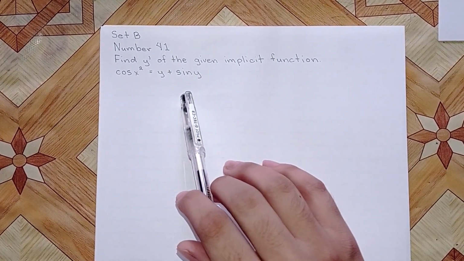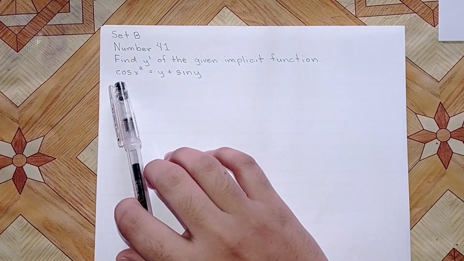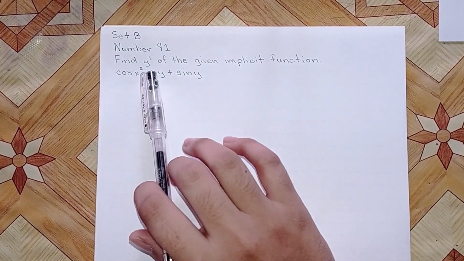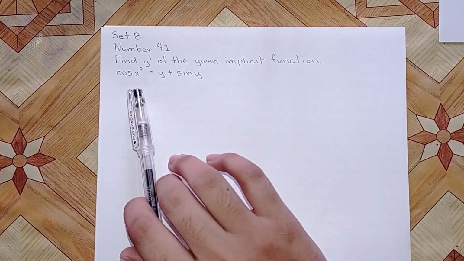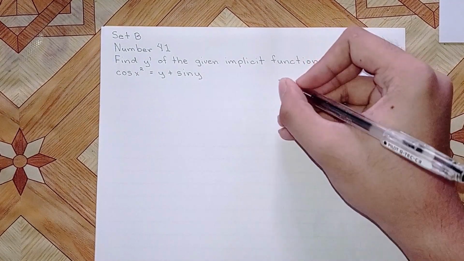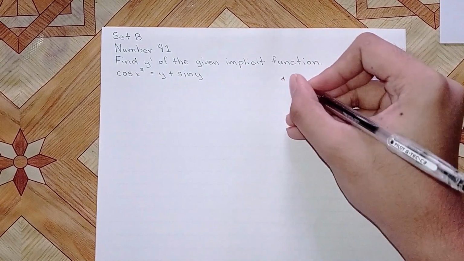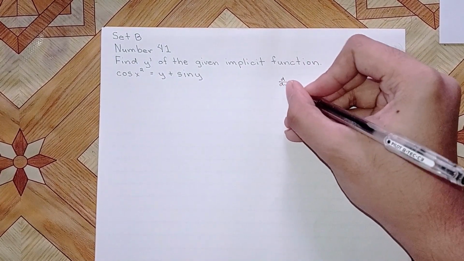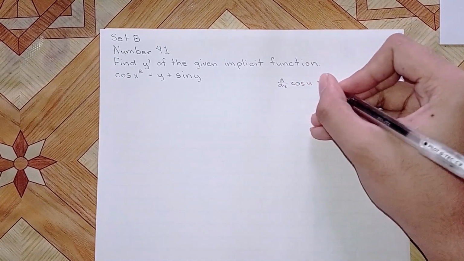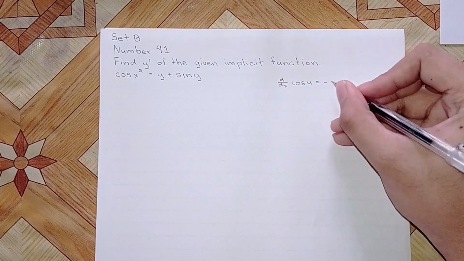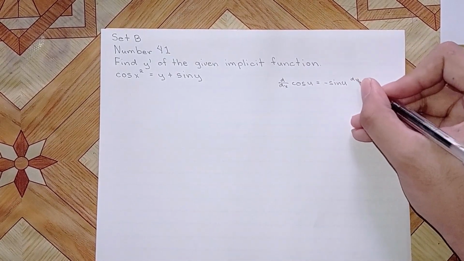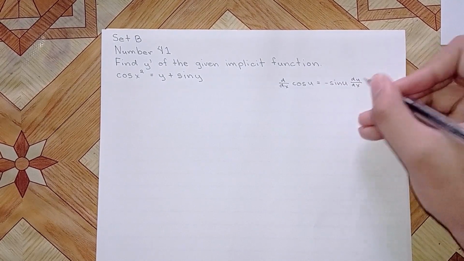So let's take a first look at the left part, which is the cosine x squared. So how are we going to find the derivative of cosine x squared? As we all know, the derivative of cosine u is equal to negative sine u times the derivative of u.